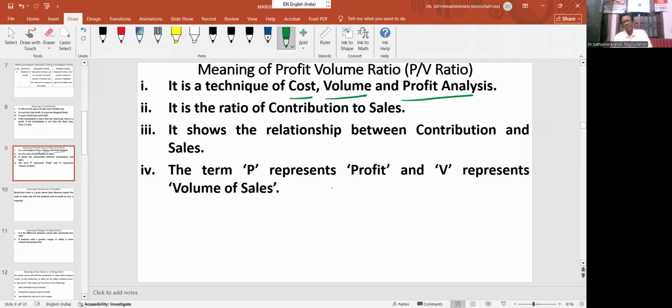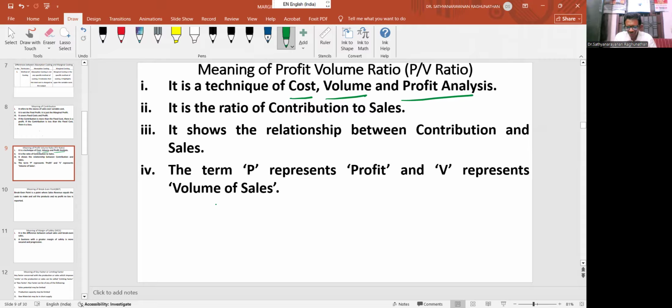Cost means how much cost you have incurred for manufacturing the goods. Volume means volume of production, how many outputs you have produced.